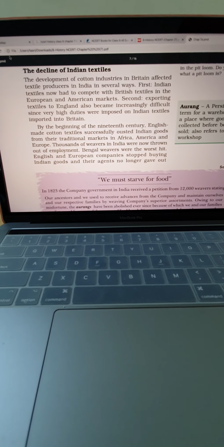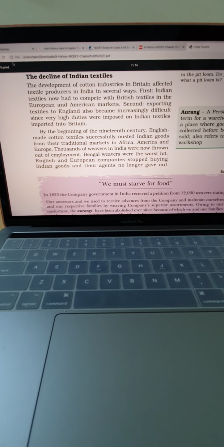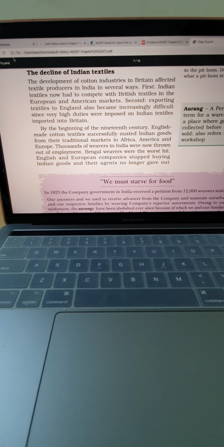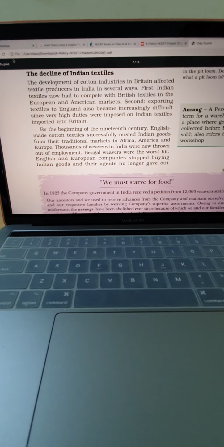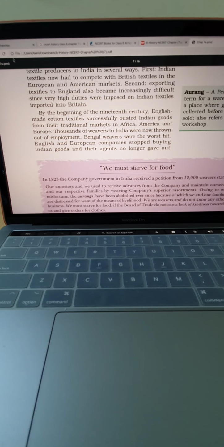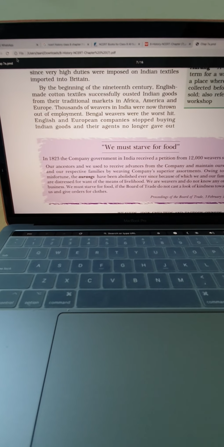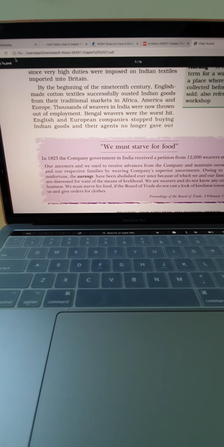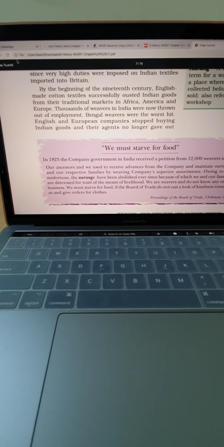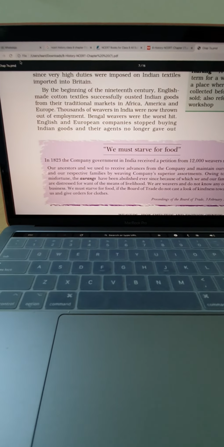Thousands of rural women who made a living by spinning cotton thread were rendered jobless. During the national movement, Mahatma Gandhi urged people to boycott imported textiles and use hand spun and hand woven cloth.